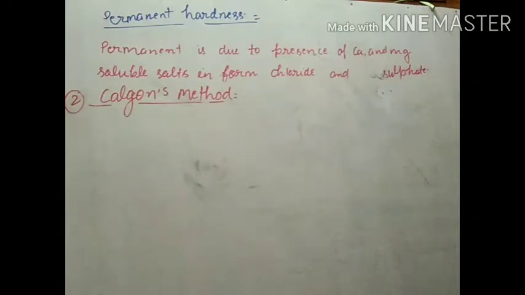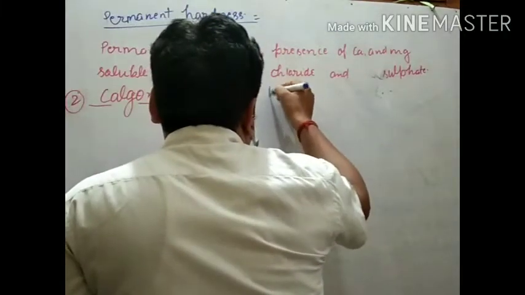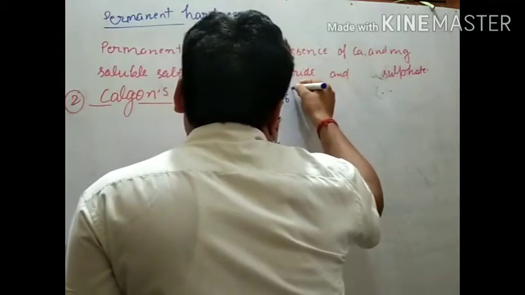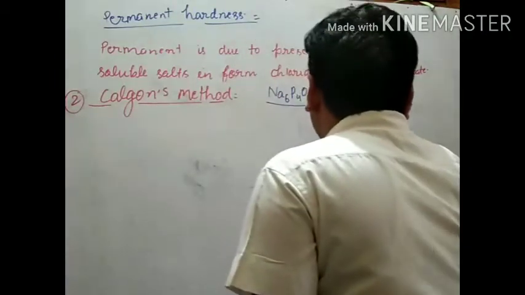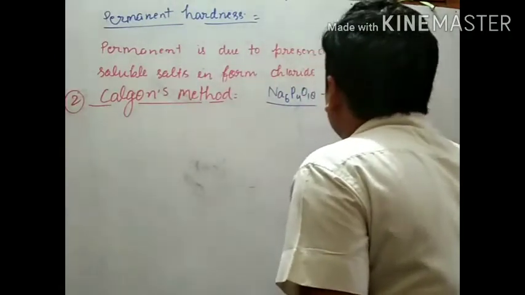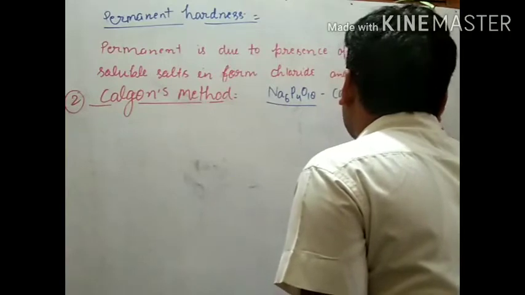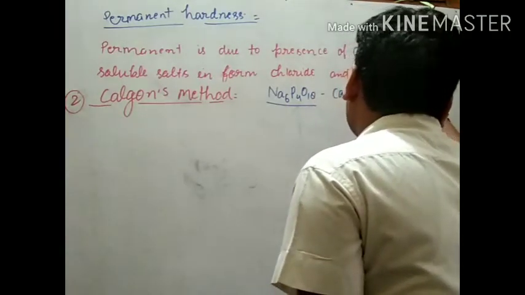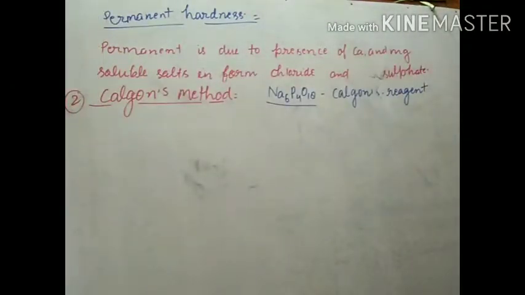Sodium hexametaphosphate. It is known as Calgon reagent. When Calgon, sodium hexametaphosphate, is added in hard water, it ionizes like this.